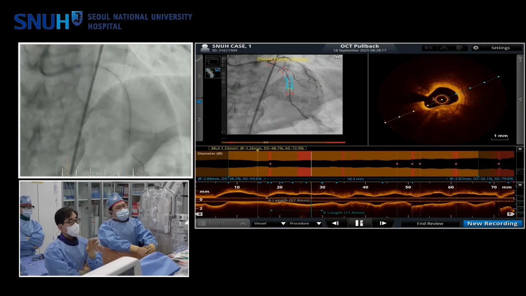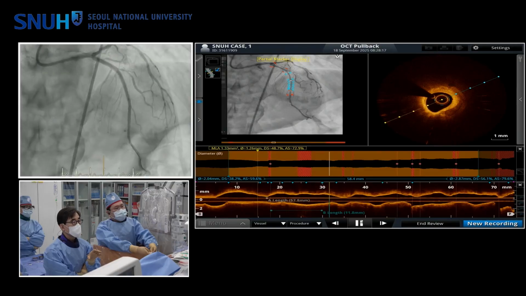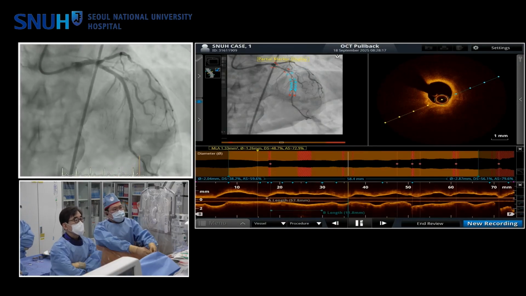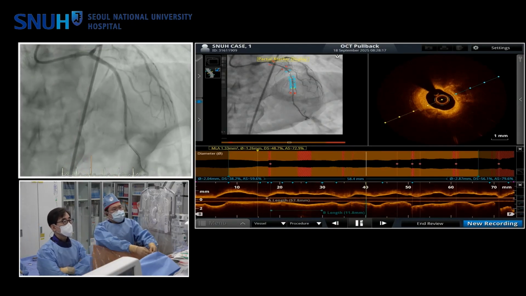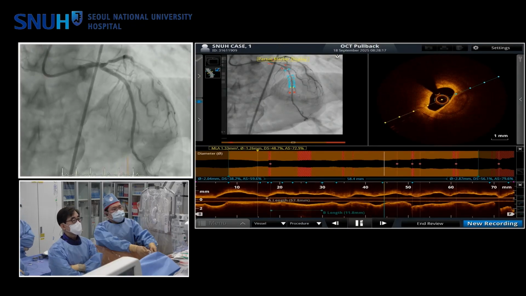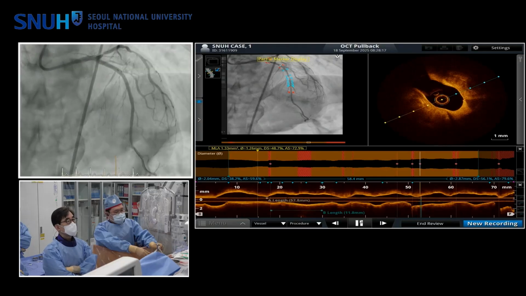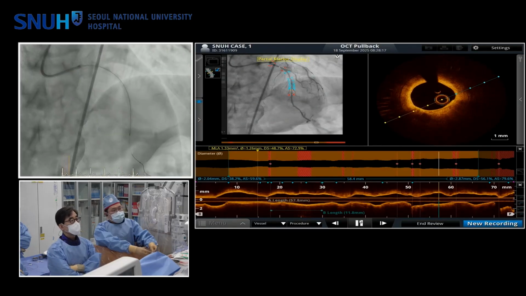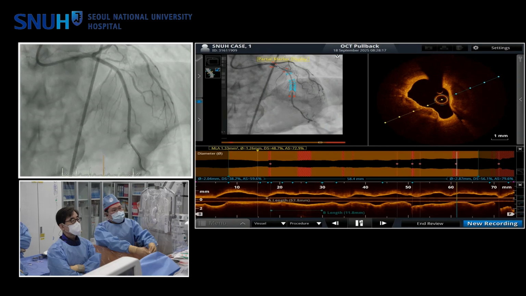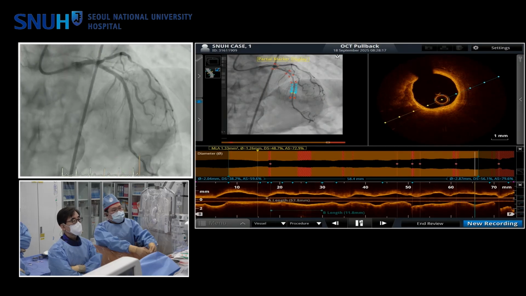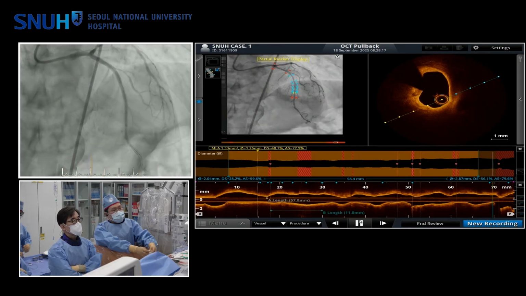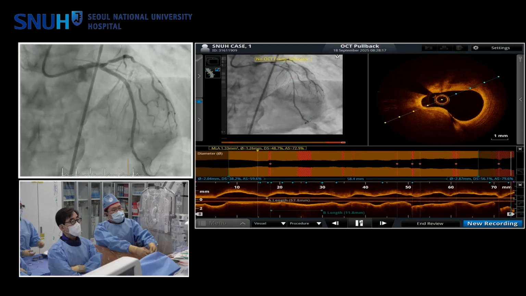We can see really many calcific nodules surrounding the lumen. Here, big calcium. I can see the MLA before treatment, at the same site.